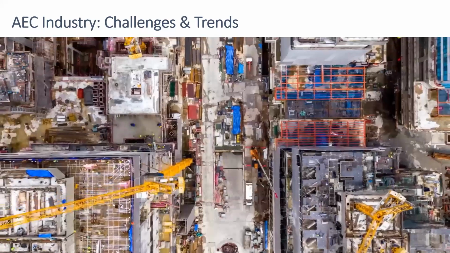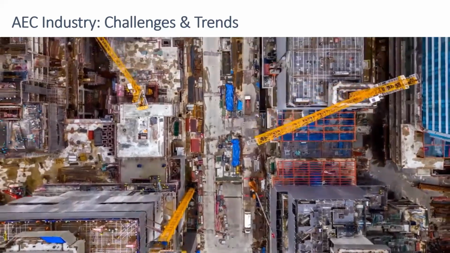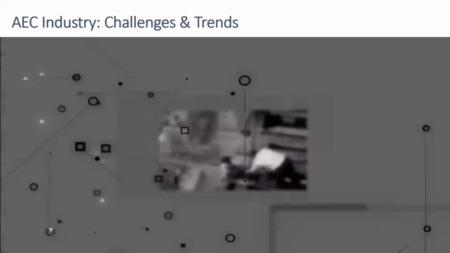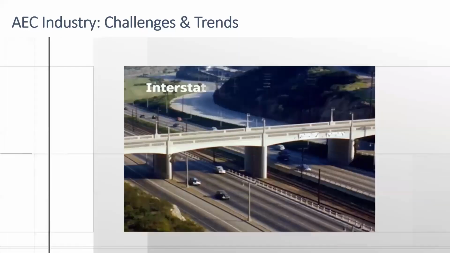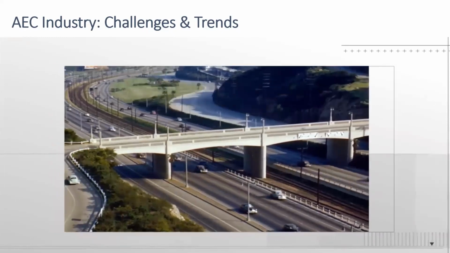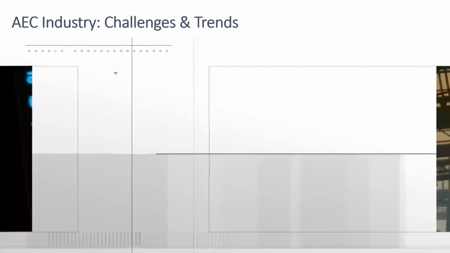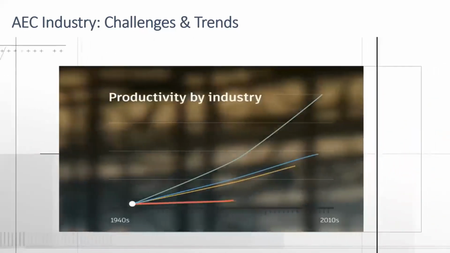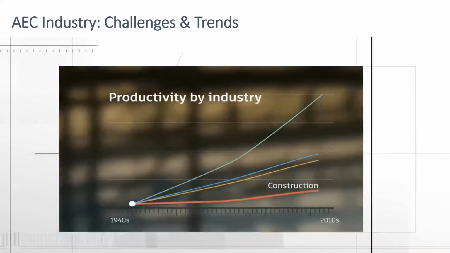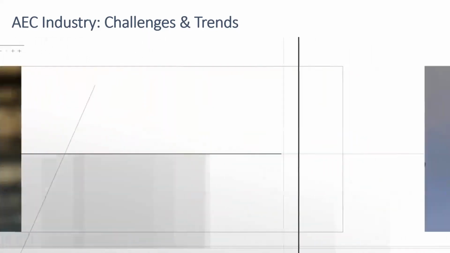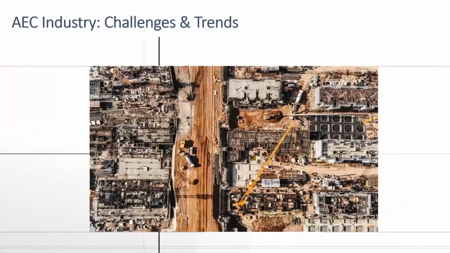Let's take a step back and see how we got here. In the first half of the 20th century, the industry built at a truly rapid pace compared to today. But by the 1970s, the divergence began to form between construction and other industries. As technology leapt forward, propelling other industries into the 21st century, construction was left behind. No single issue is responsible for this productivity stagnation, but miscommunication is a major contributor.